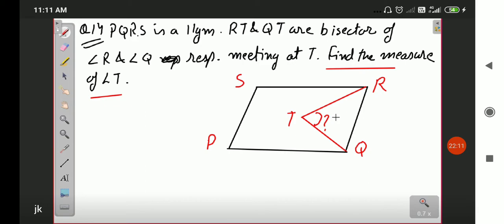Now see, we will use one of the properties of a parallelogram. We know that the sum of adjacent angles of a parallelogram is 180 degrees. Adjacent angles of a parallelogram are supplementary.